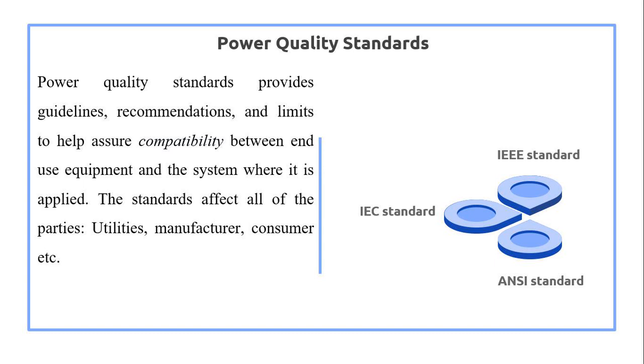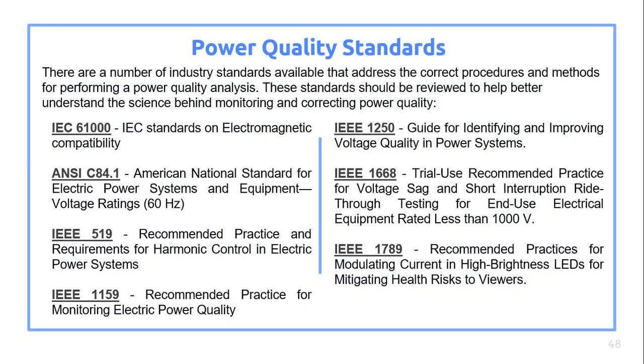The standards affect all of the parties: utilities, manufacturers, consumers, etc. There are a number of industry standards available that address the correct procedures and methods for performing a power quality analysis. These standards should be reviewed to help better understand the science behind monitoring and correcting power quality.